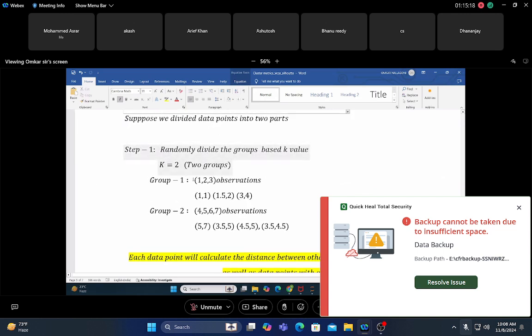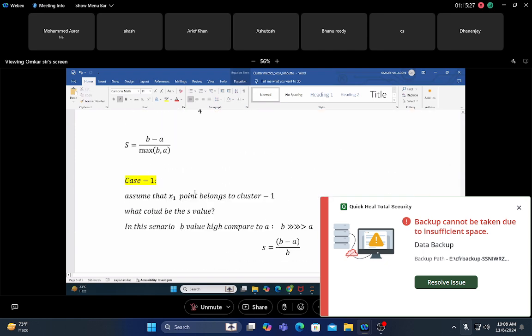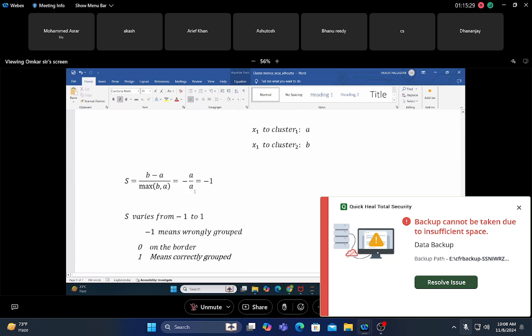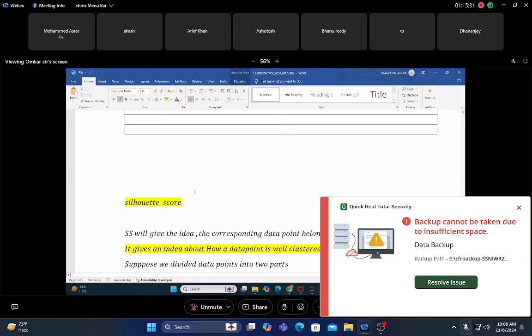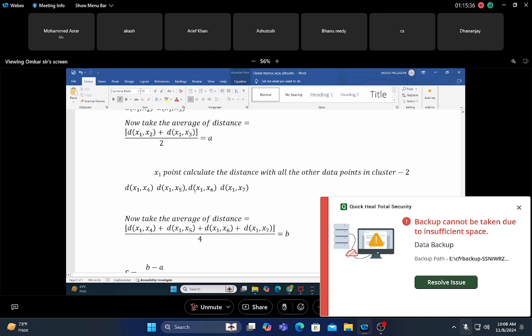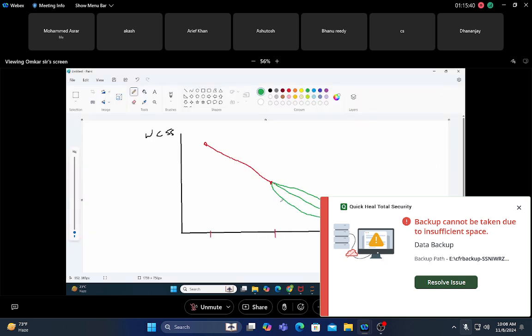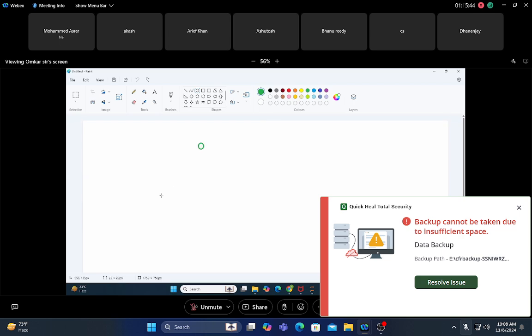Okay, suppose let's take some observations, the same observations only. Suppose you divide them into two parts, cluster 1 and cluster 2.